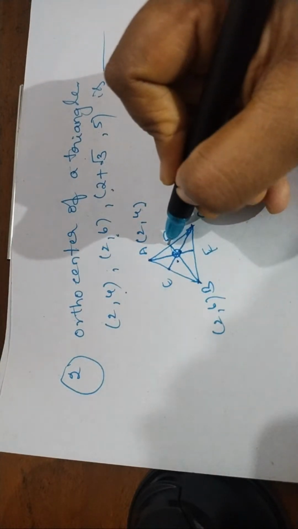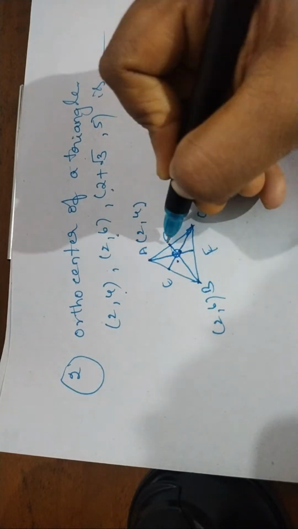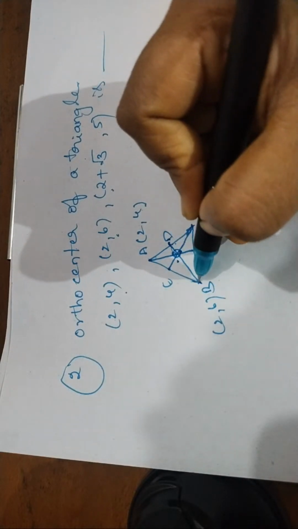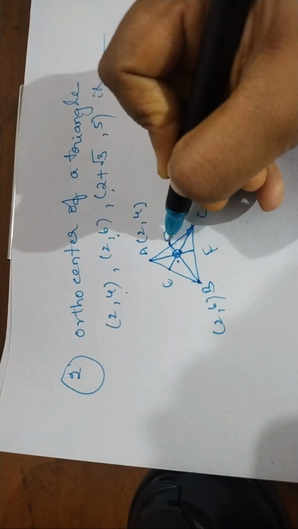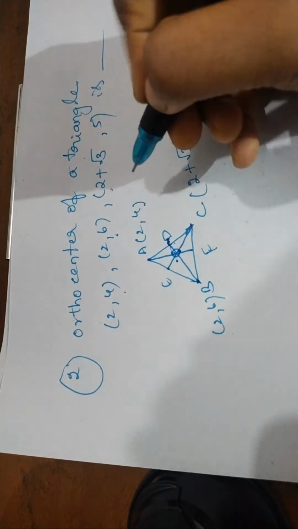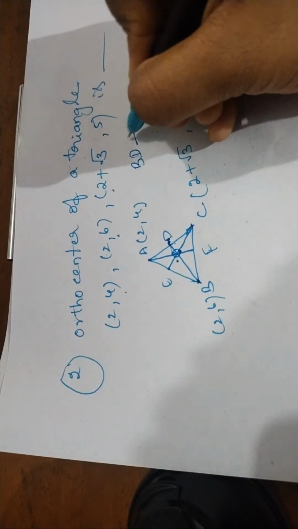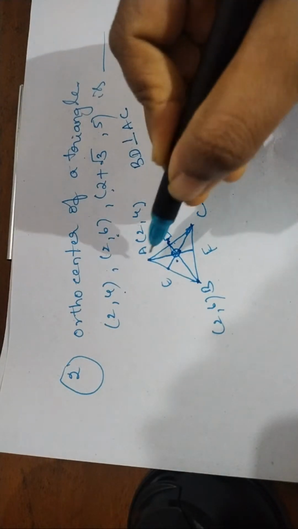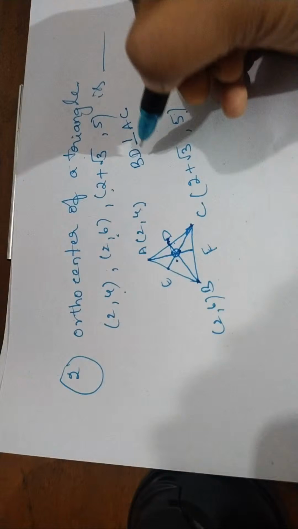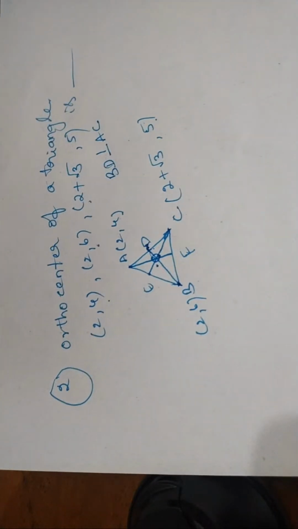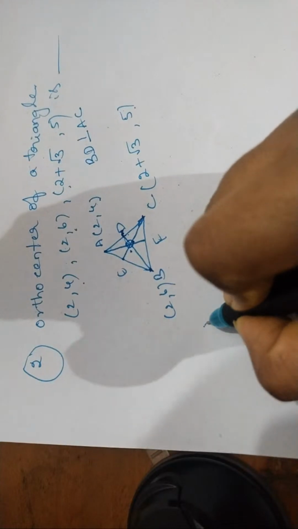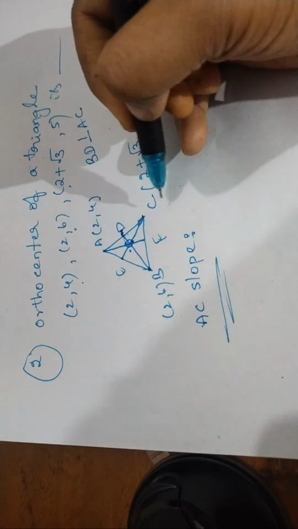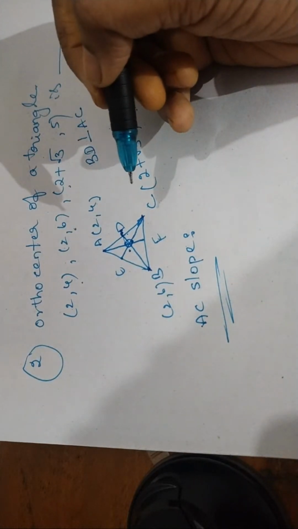So for finding the BD equation, we need to find the BD slope. For finding the slope, there is no sufficient information here. We know only the B point. We don't know the D point. For this, we will use that BD is perpendicular to AC. So first we find the AC slope and then the BD slope from this perpendicular condition. We know the A point, we know the C point. How can we find the slope of 2 points?